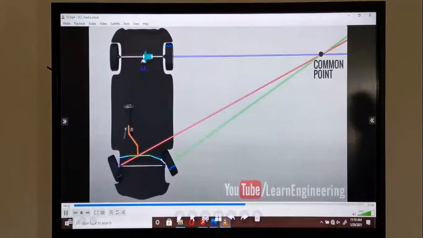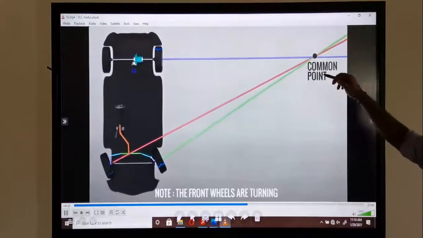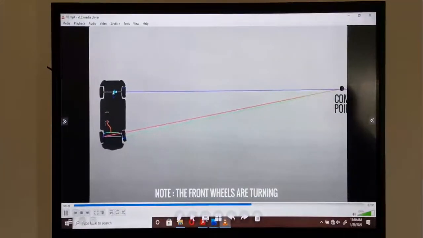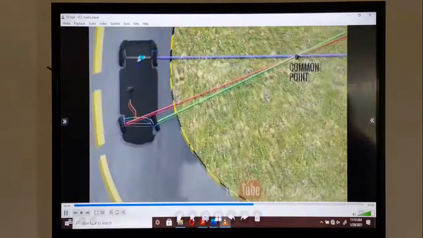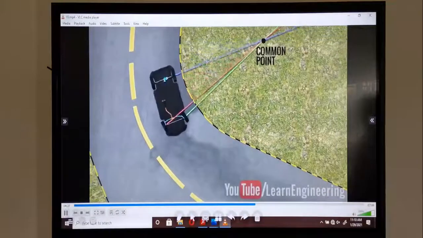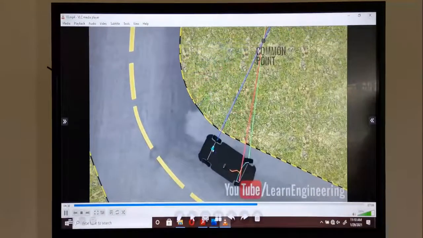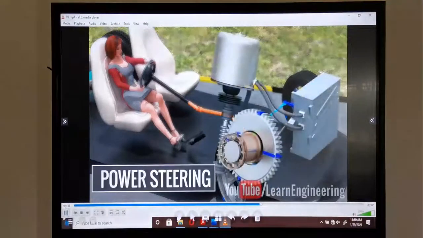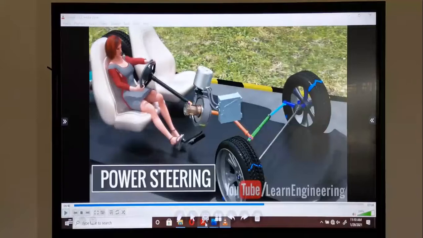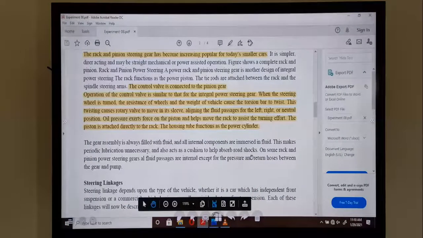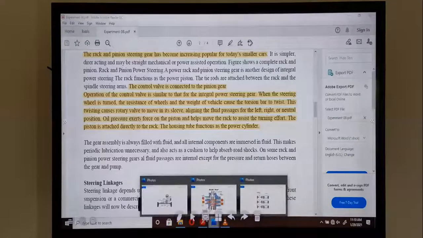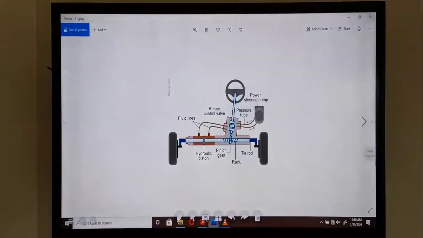So now you can see the rack and pinion fulfills this center point factor. This is the rack and pinion, you can see clearly.